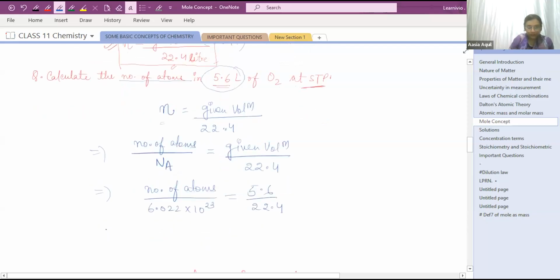Now from here, just इस side ले जाओ equals to के multiply. It will be multiplied, so number of atoms equals 5.6 upon 22.4 into 6.022 into 10 to the power 23. Right. So now just calculate it.